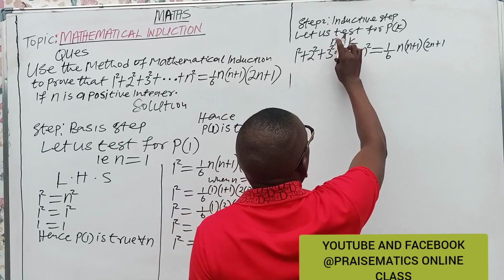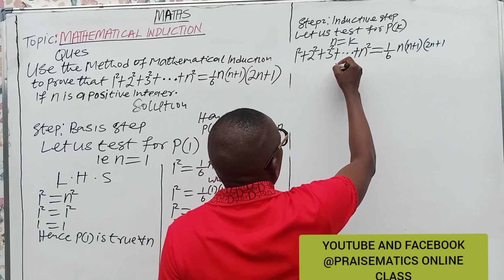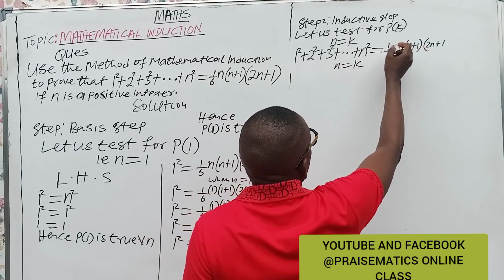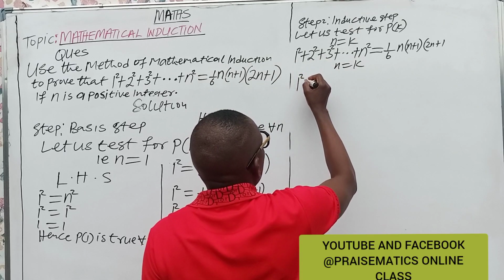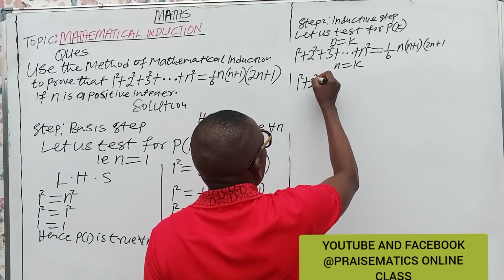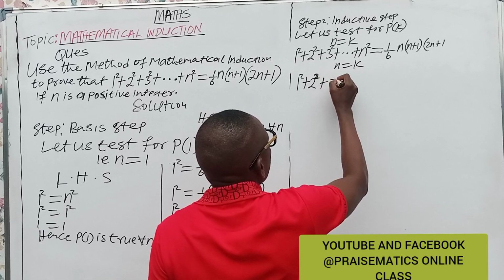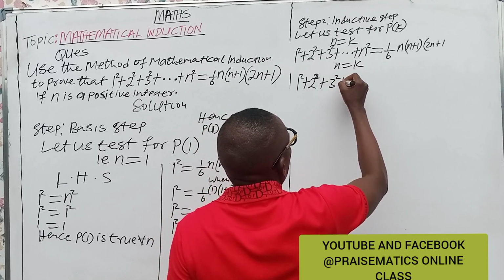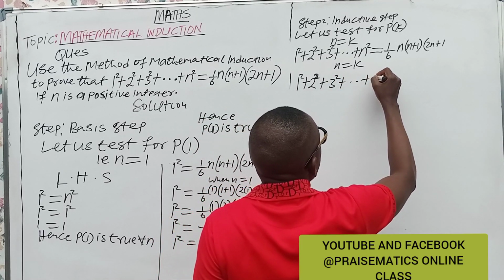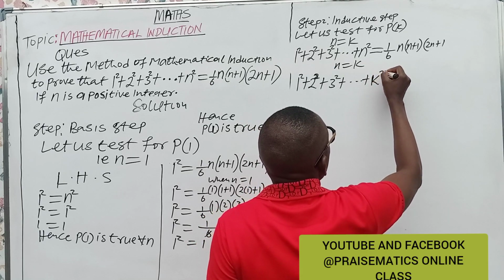And remember, when n equals k, from this equation we now have 1 square plus 2 square plus 3 square plus ... plus k square.